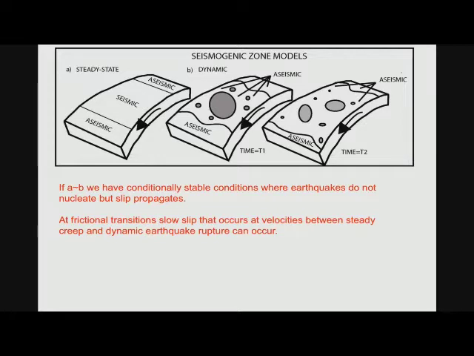And we'll get to Tohoku. Tohoku could be a region where potentially we have a lot of conditionally stable material and maybe just a little bit of velocity strengthening, and that nucleated the earthquake and drove a lot of slip into the conditionally stable area. We'll return back to Tohoku and talk more about what's going on there.